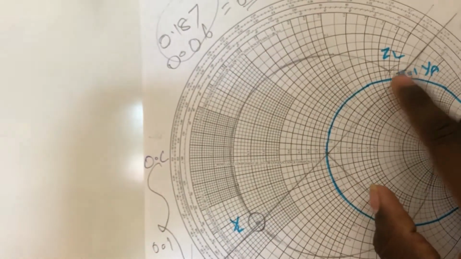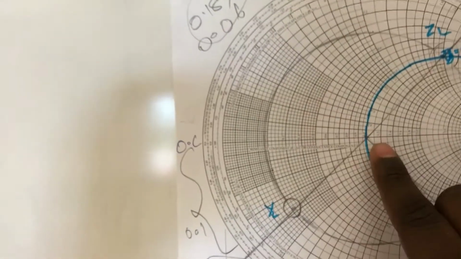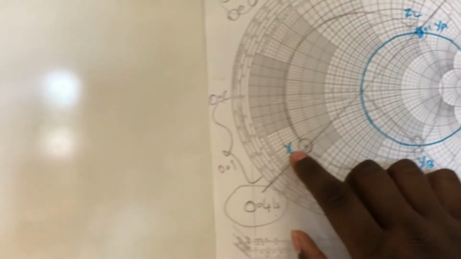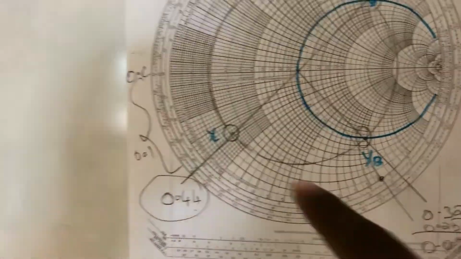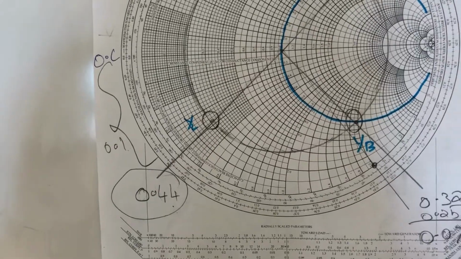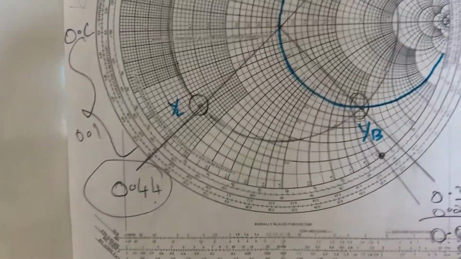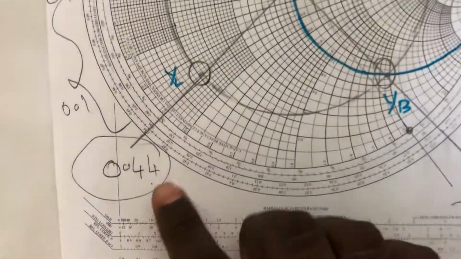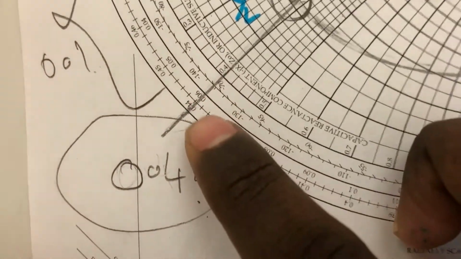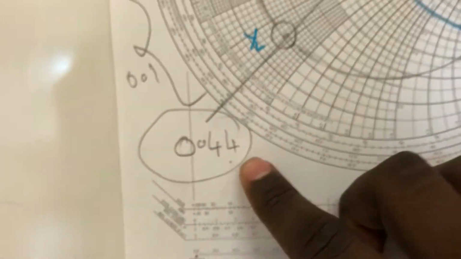Draw a line through the center from the ZL through the center towards this circle. Where it touches is going to be YL, and since it's a parallel stub, YL is going to be much easier for us to work with. Note down the distance of YL. So it's at 0.44, if you can see, yeah, it's right here, 0.44.